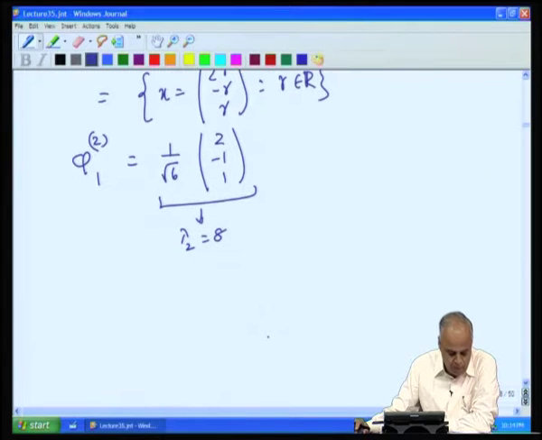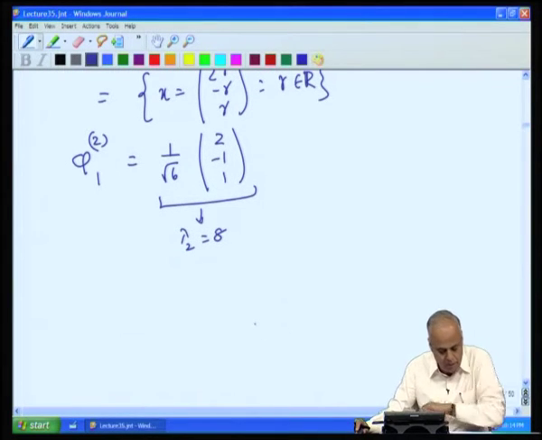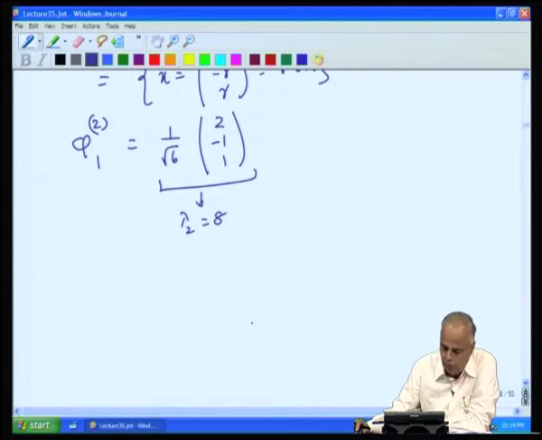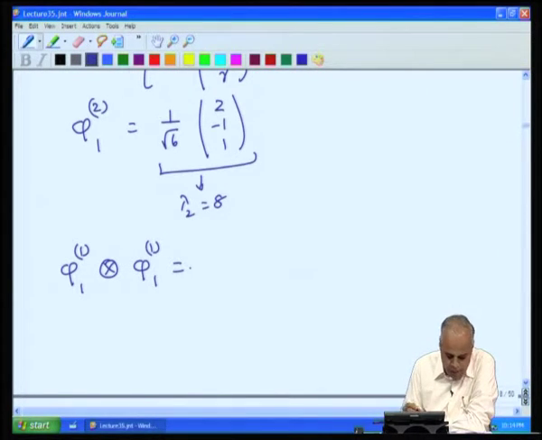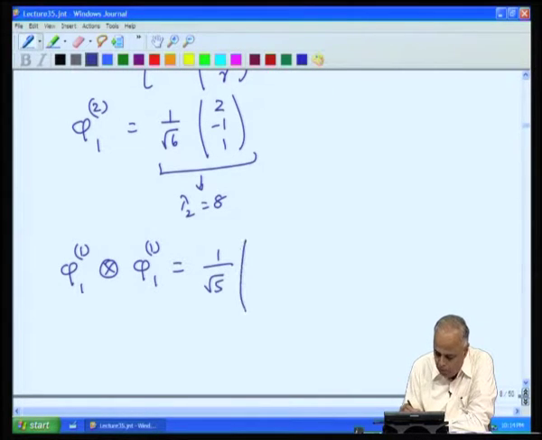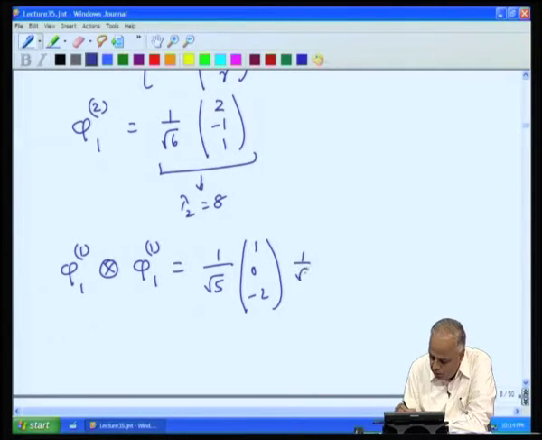Now, we form the tensor products corresponding to each one of these eigenvectors. So, we first calculate phi 1 1 tensor phi 1 1, and what is phi 1 1? It is just 1 by root 5 times (1, 0, minus 2) times its transpose, which is (1, 0, minus 2).